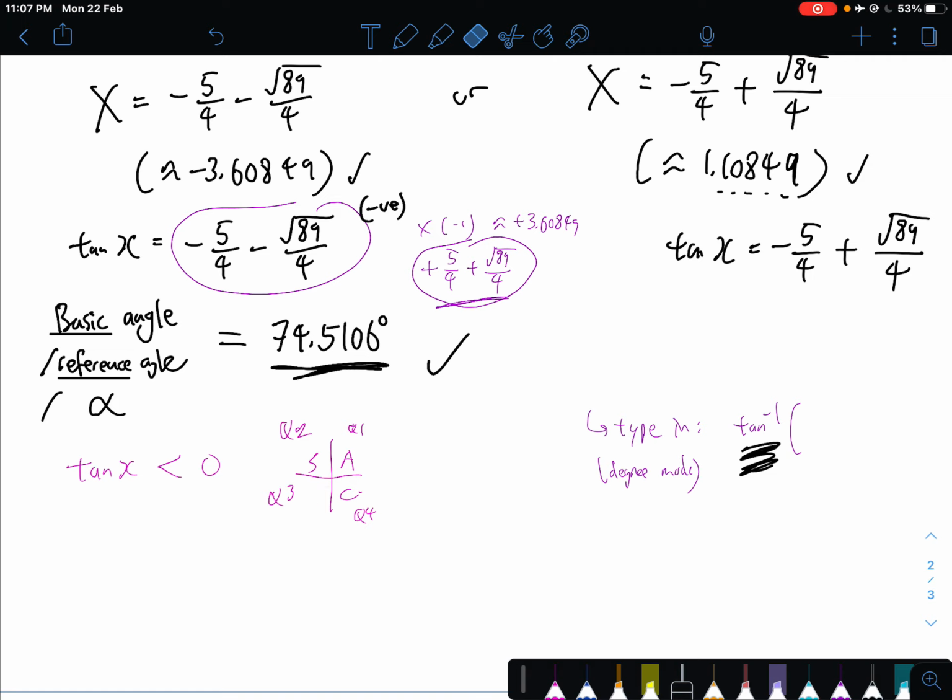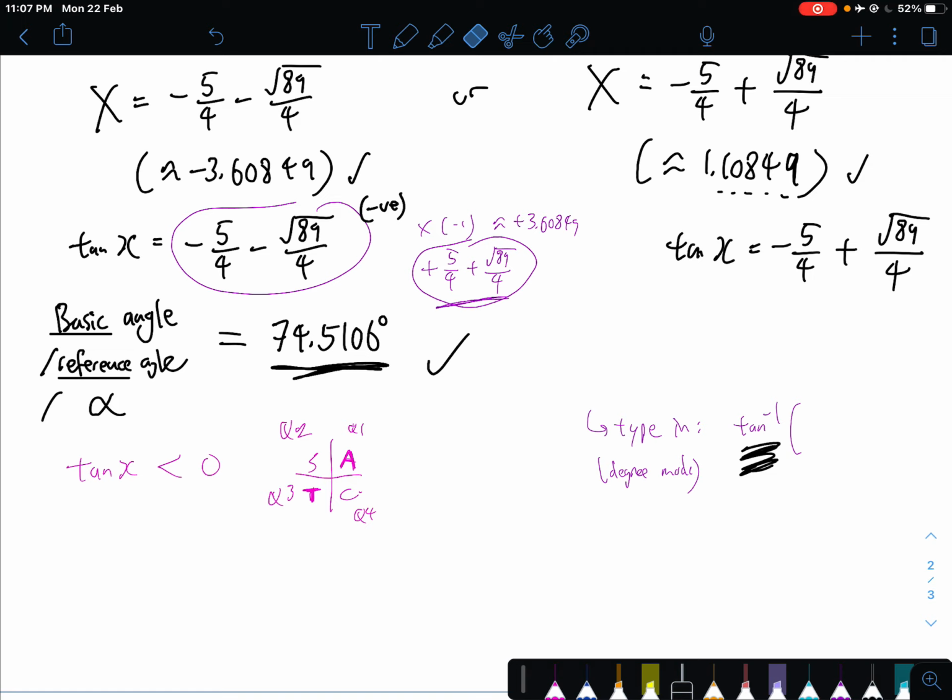Then the t is in quadrant 3, which means that, and the A here represents all. What this means is the quadrant 1 angles and quadrant 3 angles will have positive tangents. But now we want negative tangents, right? So it means that we don't look at quadrant 1, we don't look at quadrant 3.